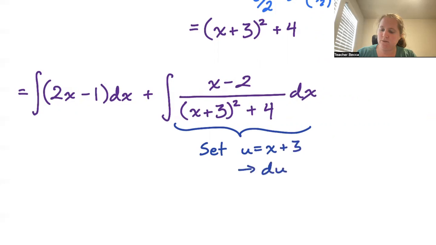Then we have du is dx. We also have u equaling x plus 3, which means that x is u minus 3.